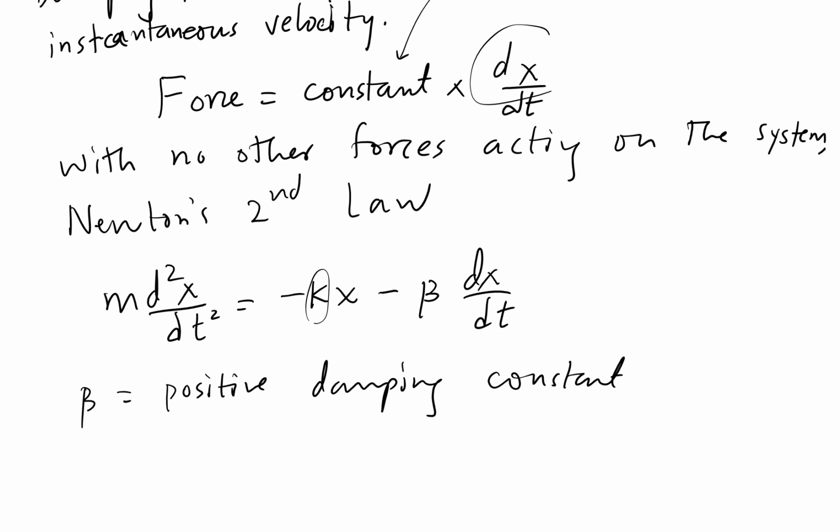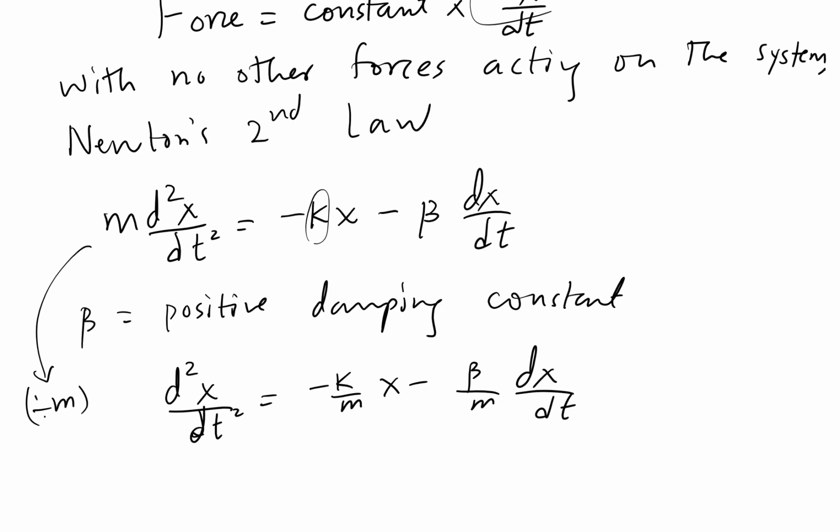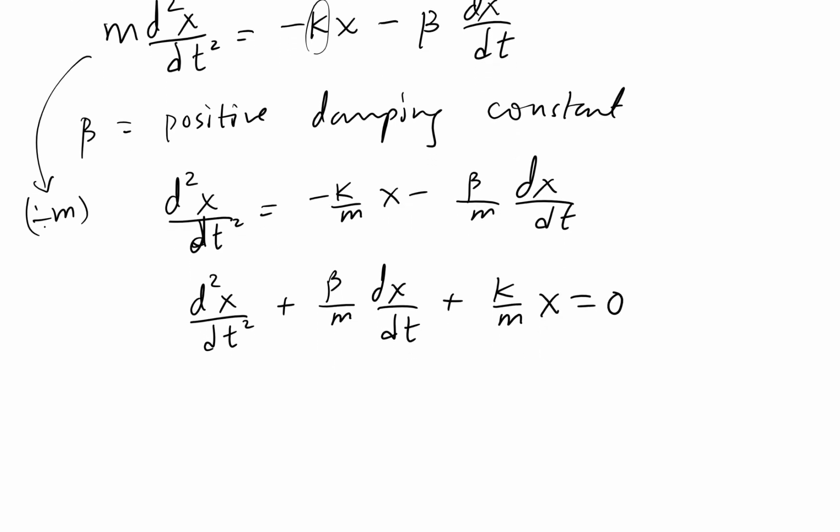If we take that differential equation and divide by m throughout, you get d²x/dt² equals negative k over m x minus beta over m dx/dt. We're interested in learning how to solve such an equation. To do that, let's move everything to one side: d²x/dt² plus beta over m dx/dt plus k over m x equals 0.